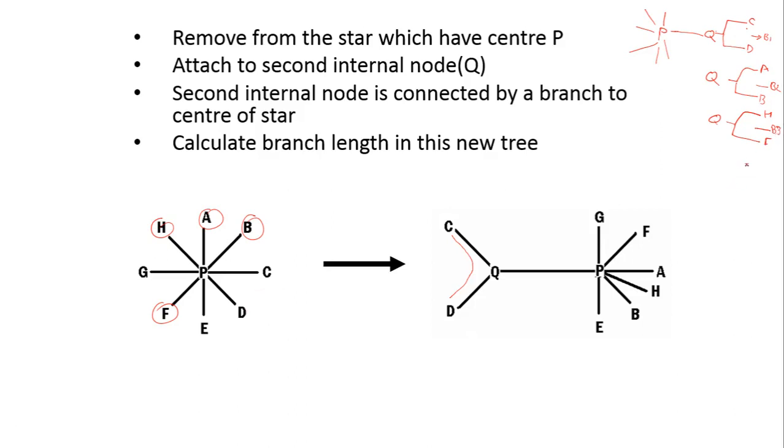So at the end of this step you would have different branch lengths, B1, B2, B3, B4, B5, so on and so forth till Bn. These branch lengths indicate the different combinations of the sequences that you have been trying out.